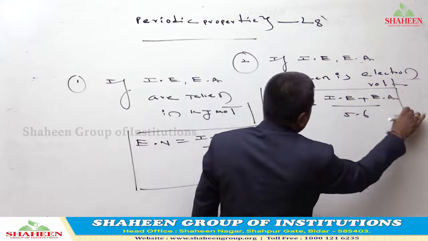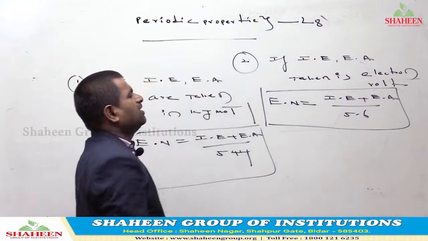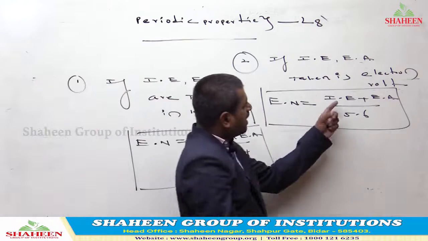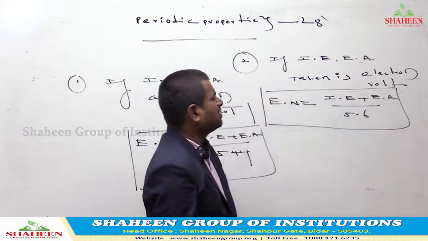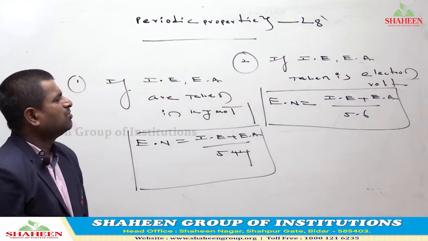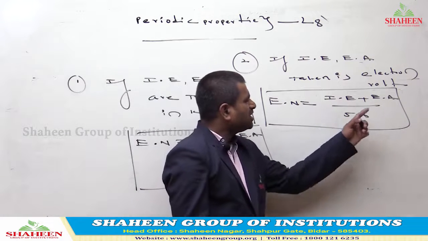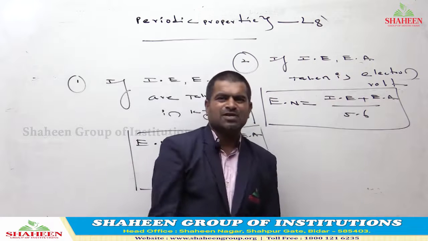If IE and EA values are given in electron volts, the electronegativity of elements is IE plus EA by 2, divided by 5.6.